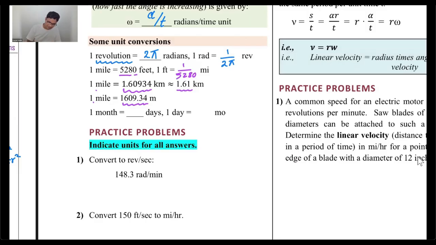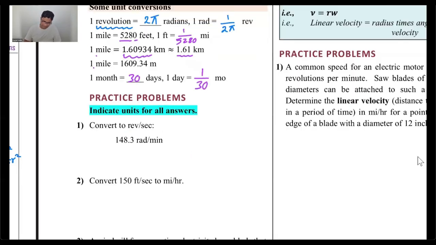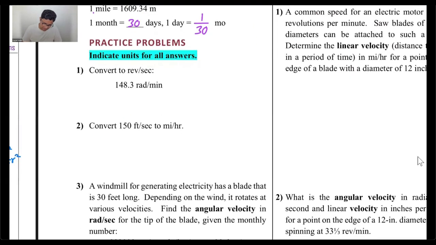There you have to be a little bit careful, because if you count the number of days in a month, it depends on the month, right? What we do is we standardize it, and normally we just say 30 days. If you don't know the month, it is a convention to consider it 30 days. Okay, which means one day would be 1/30th of a month. Okay, all right, those were some unit conversions. Let us do some immediate practice.